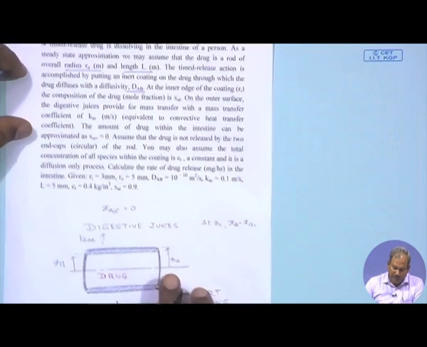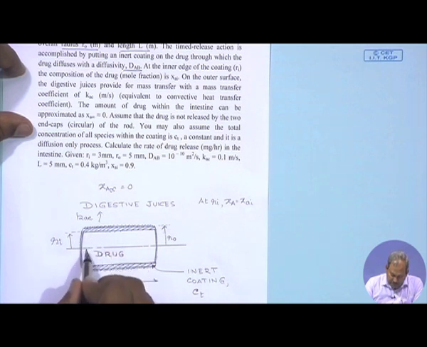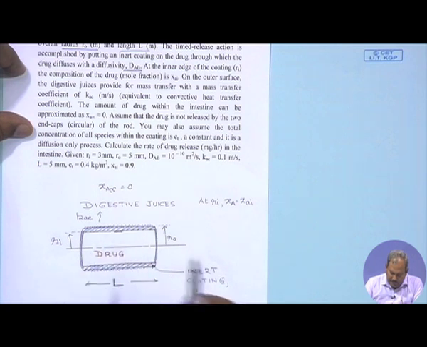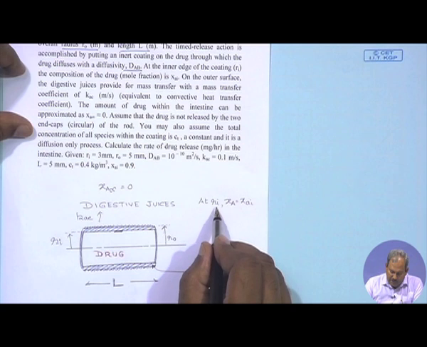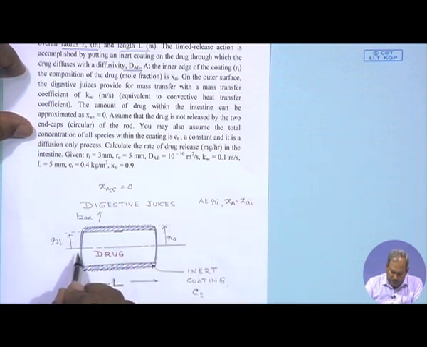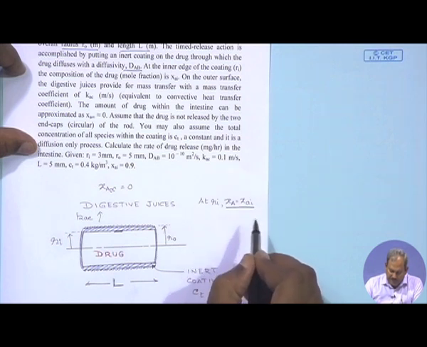At the inner edge of the coating, let us look at the figure which I have drawn for this. This is the drug, the white portion that you see here, it is cylindrical in shape with two end caps, and at the inside of the coating, that means that r equals r i, where r i is the radius of the cylindrical drug pellet, the concentration of the drug, the mole fraction, is maintained at x A equals x A i.